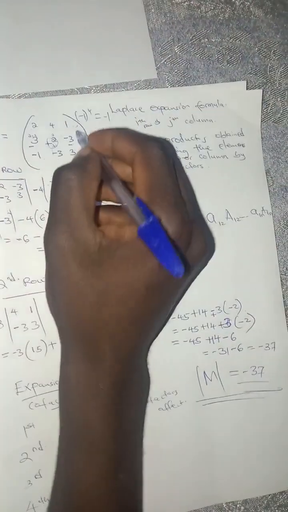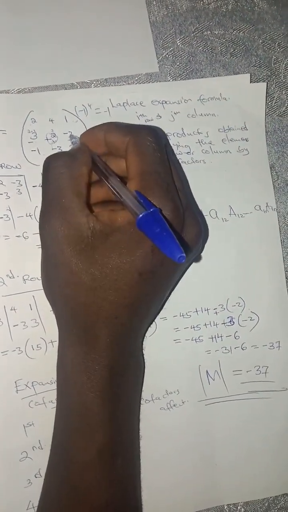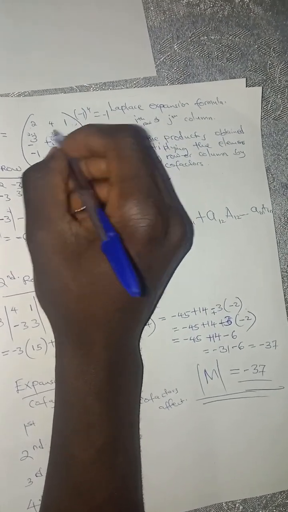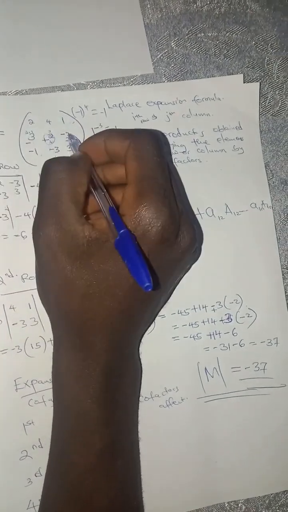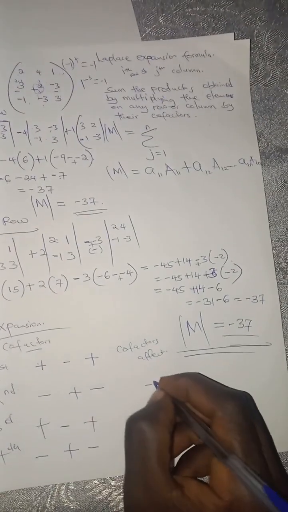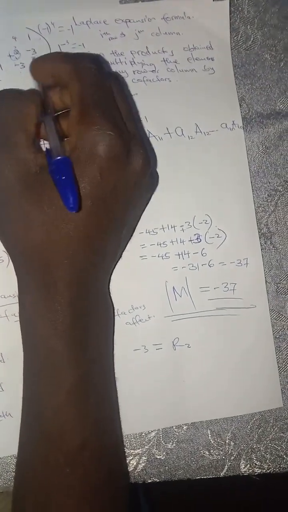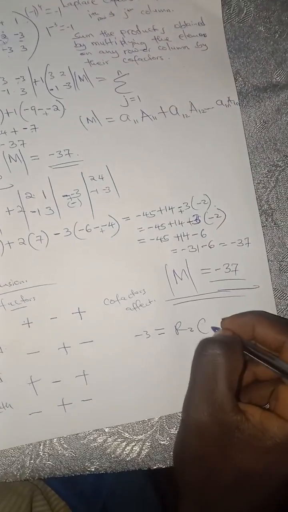And again, when we come to negative 3 here, it is at row 2, column 3.